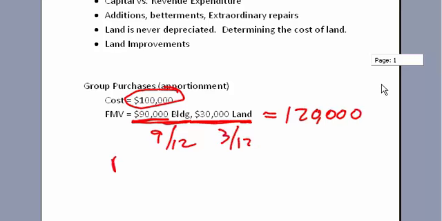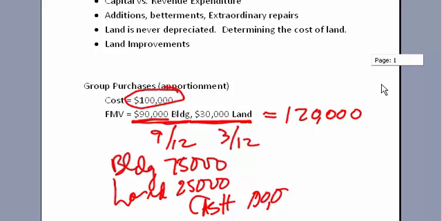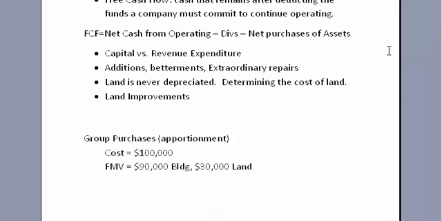So we would put into the building account 3/4 or $75,000 for the building. In the land account, we would put in $25,000, and then we would credit cash for the $100,000 that we paid. This concept is called group purchases or apportionment. All right, the next one.